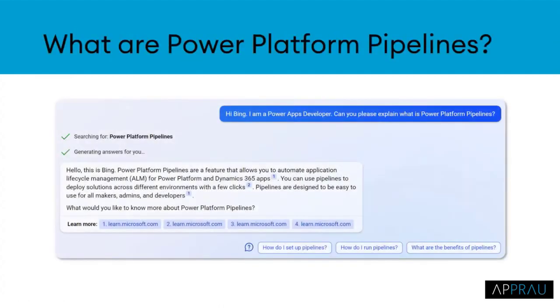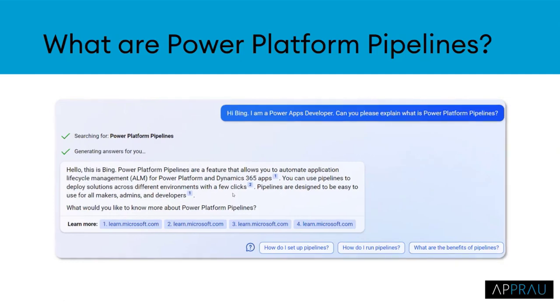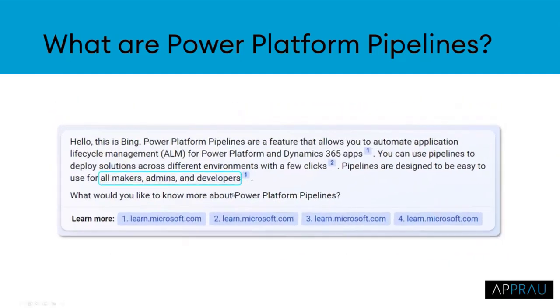So what are Power Platform pipelines? I asked Bing what it is, and Bing says it is a feature that allows you to automate ALM for Power Platform and Dynamics. And you can use pipelines to deploy solutions across different environments with few clicks. Pipelines are designed to be easy for all makers.